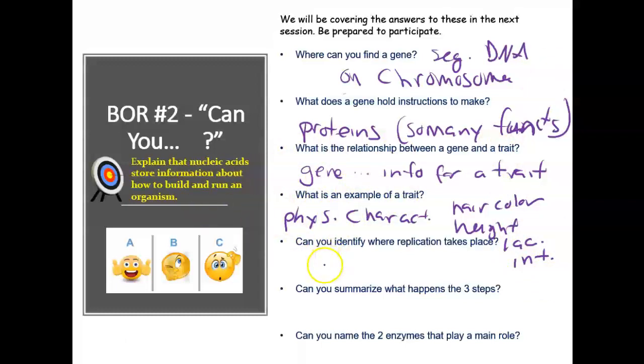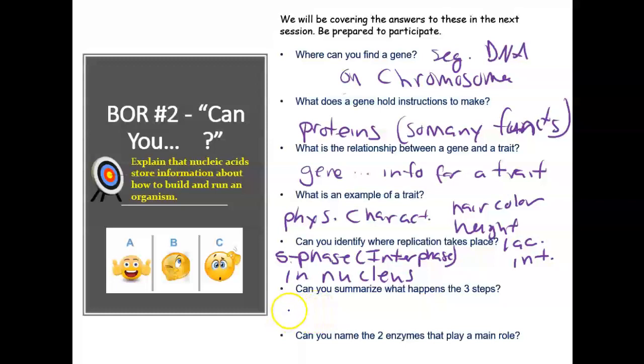Now, what you need to remember is replication takes place in the S phase, which is interphase, and interphase is happening in the nucleus before mitosis occurs.